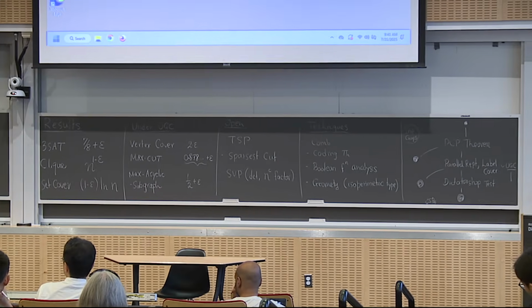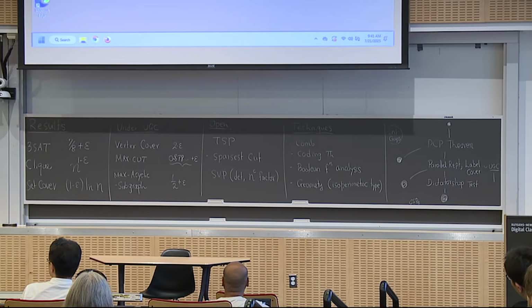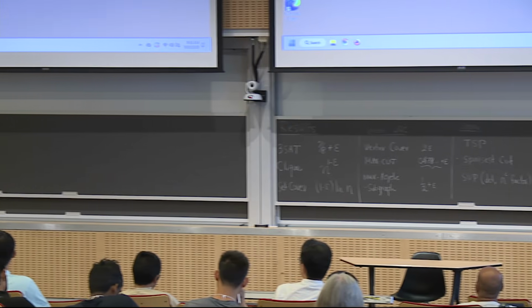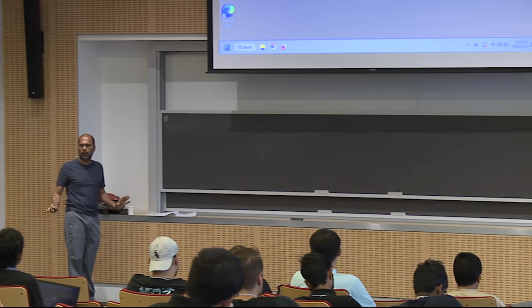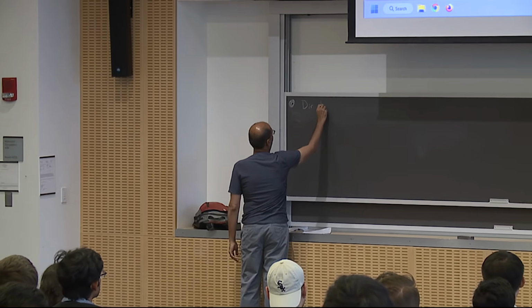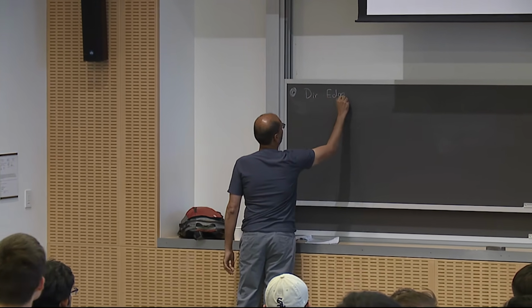So let me quickly start by simply quoting one result, which is super nice, without even using the PCP theorem. So this is a hardness result for the directed version of edge disjoint paths.